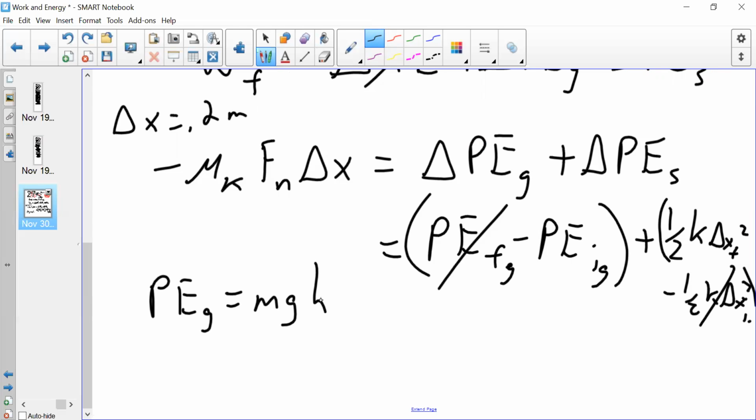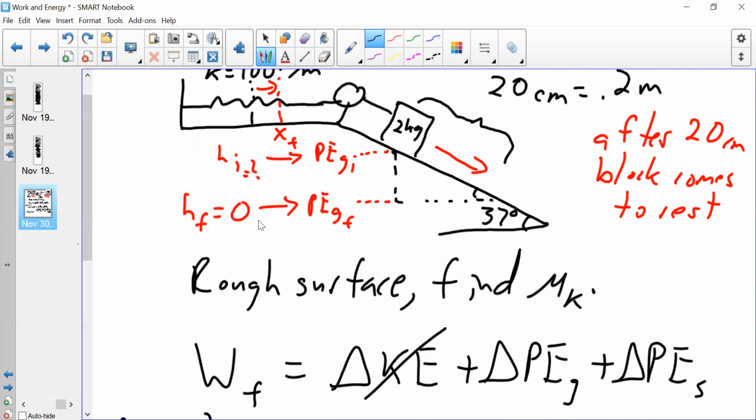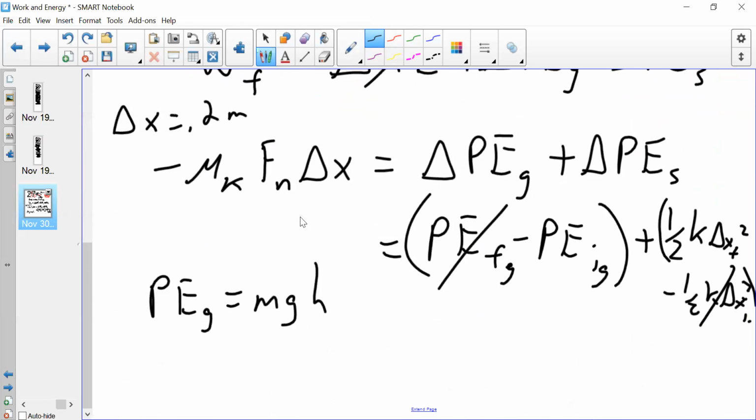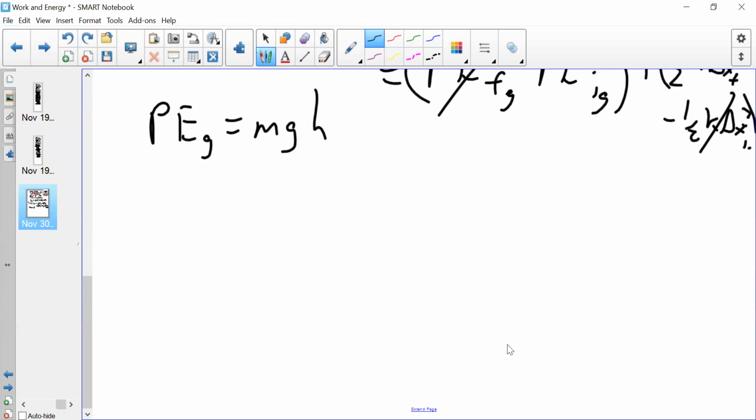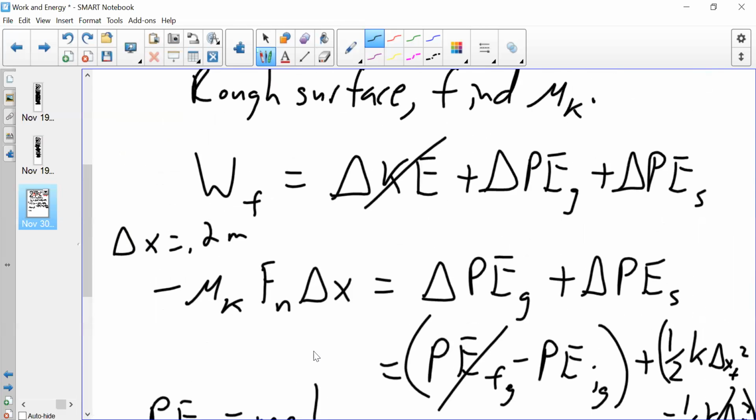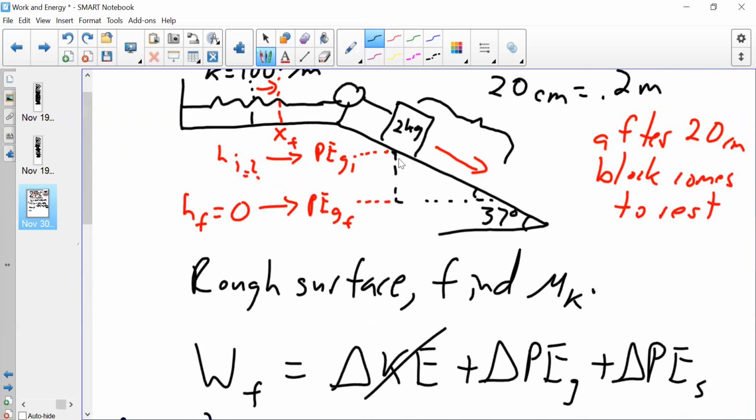And since the final point here is height 0, there is no final gravitational potential energy. So let's expand this even more. Now this Fn, we have to figure out how we're going to get this normal force. How will we get the normal force here? What's that going to be equal to?